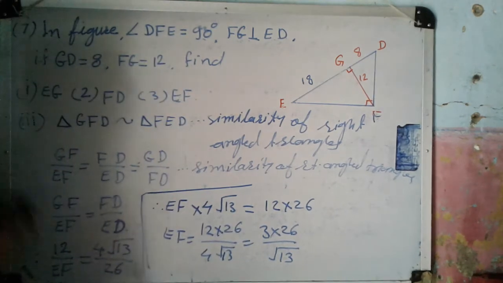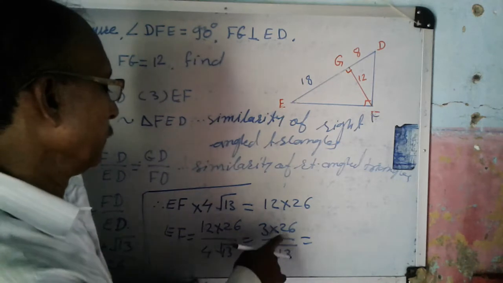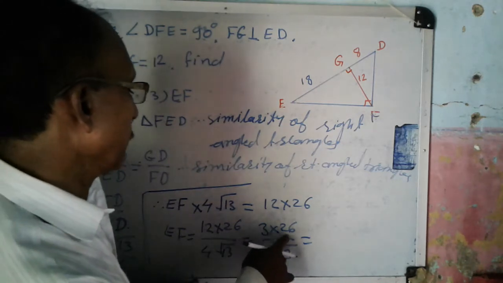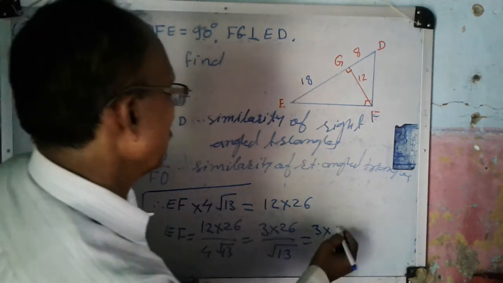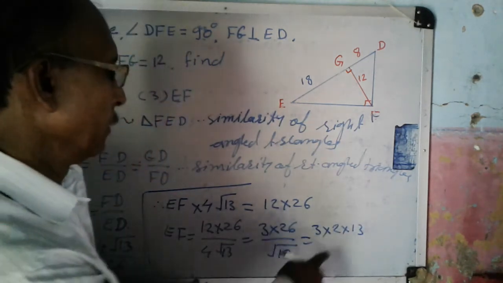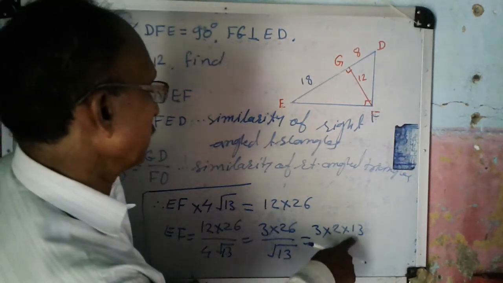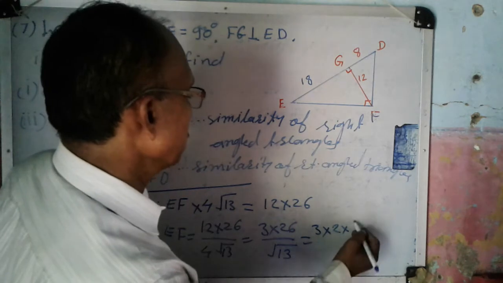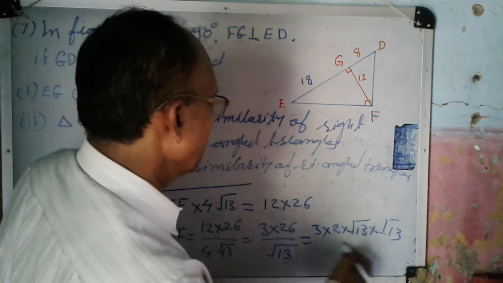Now to simplify this, again we will write the factors of 26, 3 as it is, 2 into 13. Again we can write 13 as root 13 into root 13.